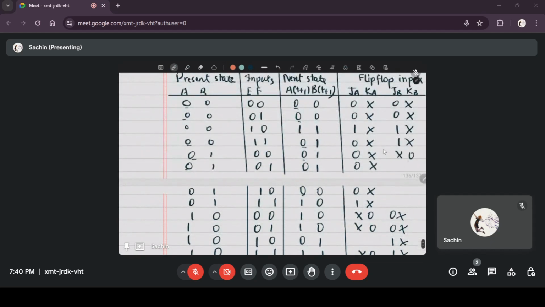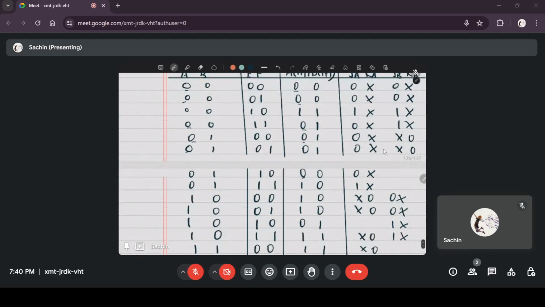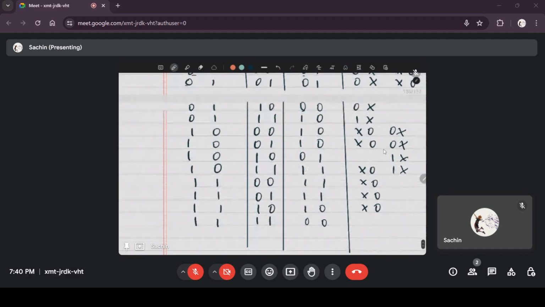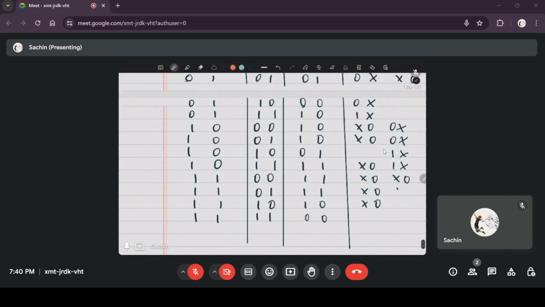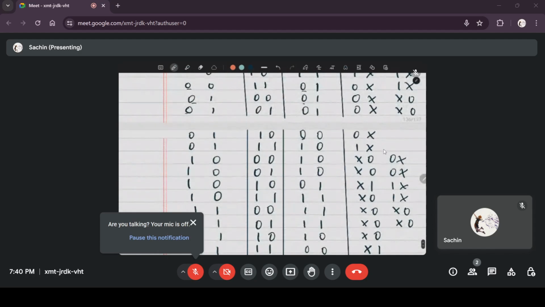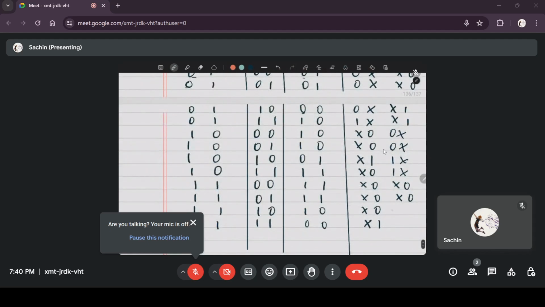Similarly, x0 here, here, and those two places. Now if it goes from 1 to 0, you need to give either it should toggle 1 1 or it should clear 0 1. So it's x1. 1 to 0 is x1, and in the other table, remaining places have transitions from 1 to 0, it's x1.